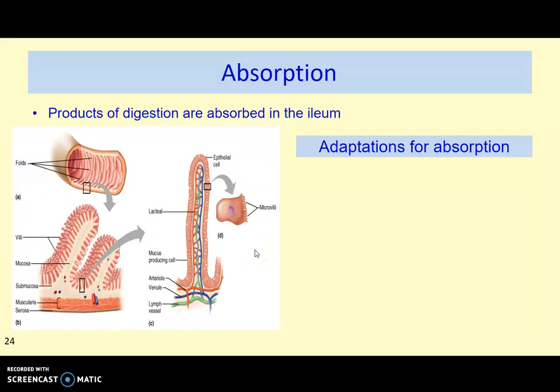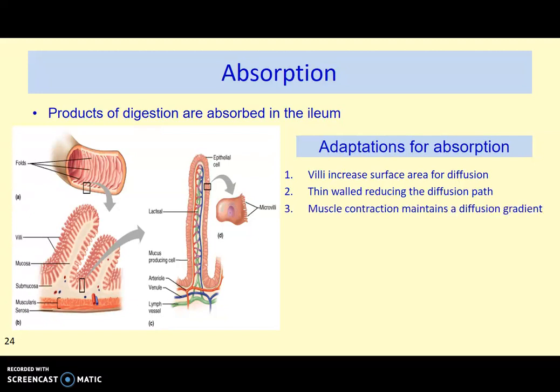Now, you need to know the adaptations of the ileum and how we're adapted for the function of absorption. Simply put, villi increase the surface area for diffusion. They're very thin walled, so they reduce the diffusion pathway, and this links into Fick's law. Muscle contraction maintains a diffusion gradient, so we're keeping that diffusion gradient going along the ileum.